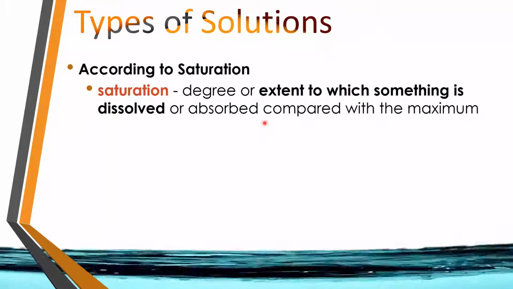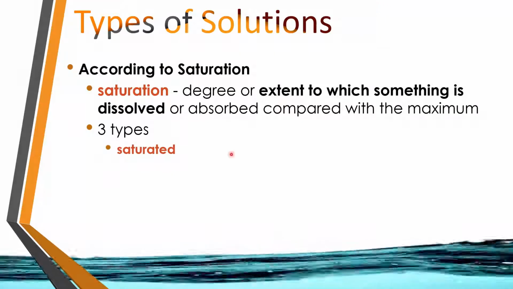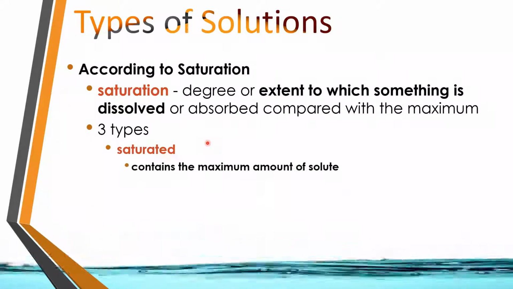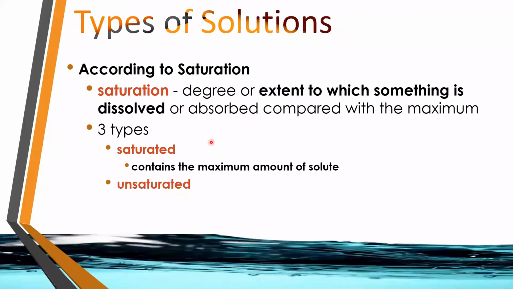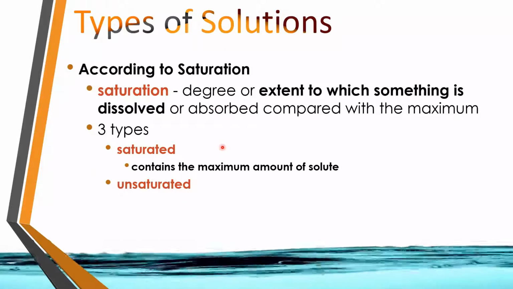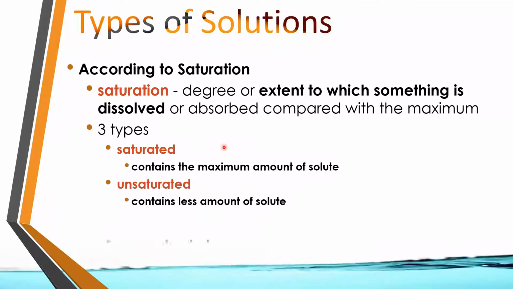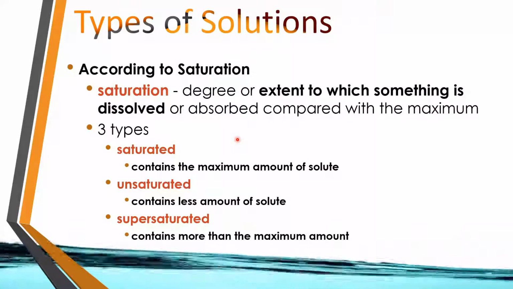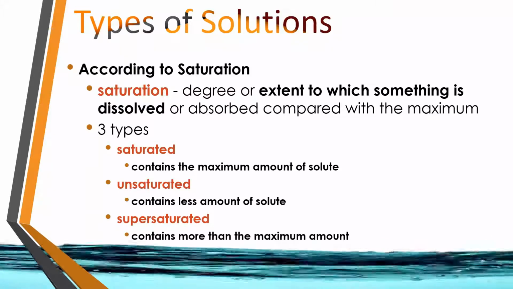For this category, there are three types, which include saturated, a solution that contains the maximum amount of solute. It also includes unsaturated, which contains less amount of solute, and lastly, supersaturated, which contains more than the maximum amount. Okay.